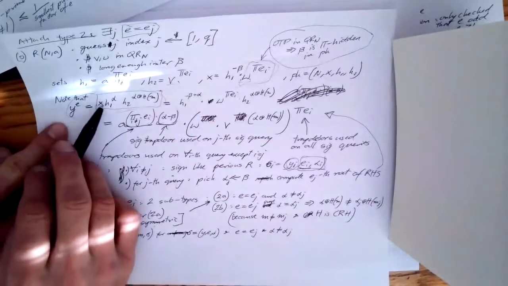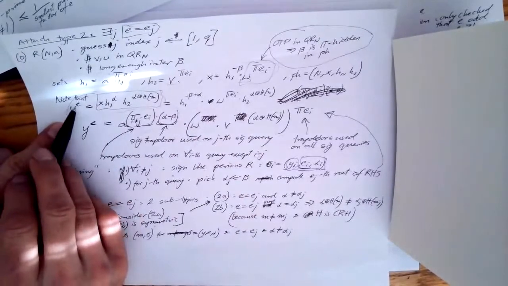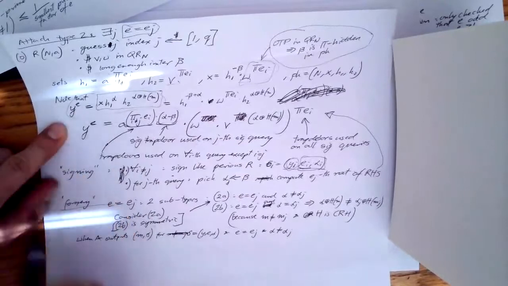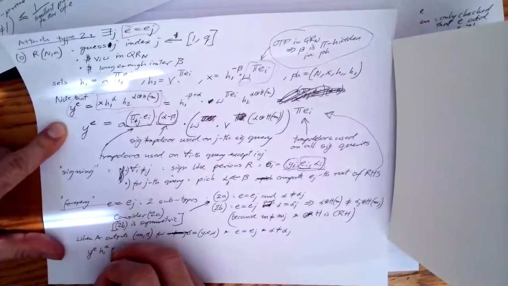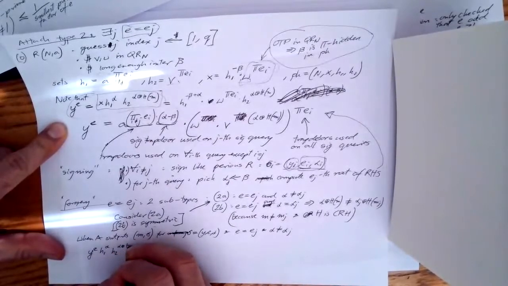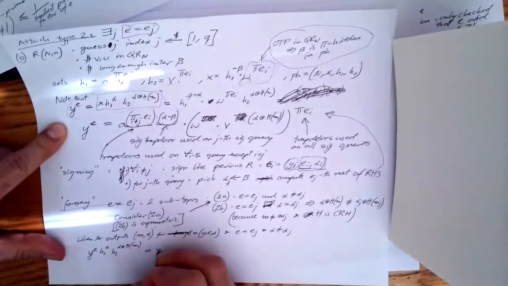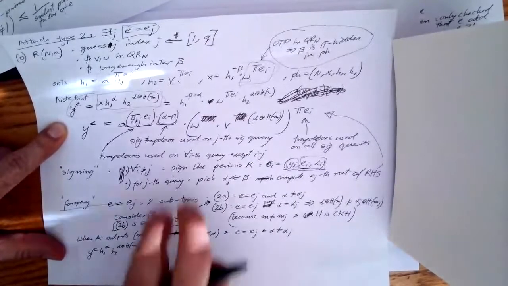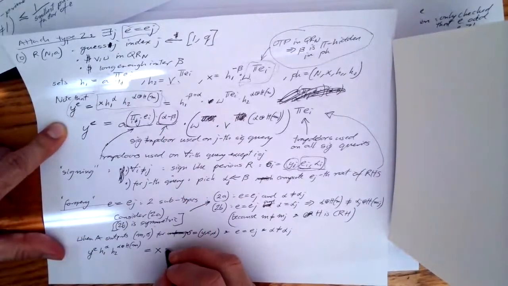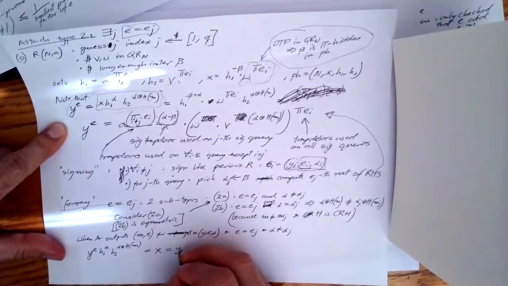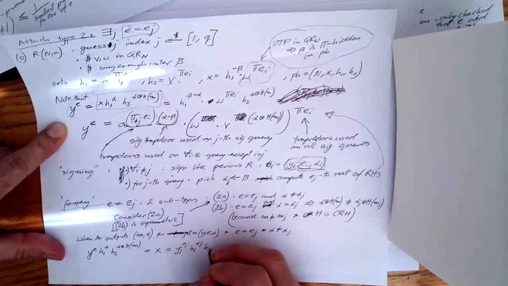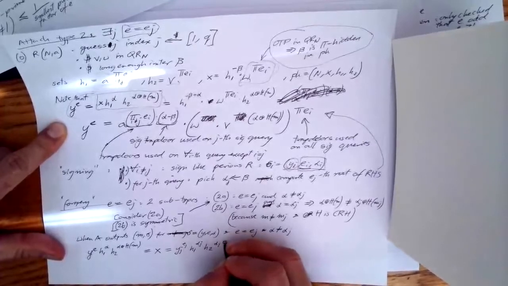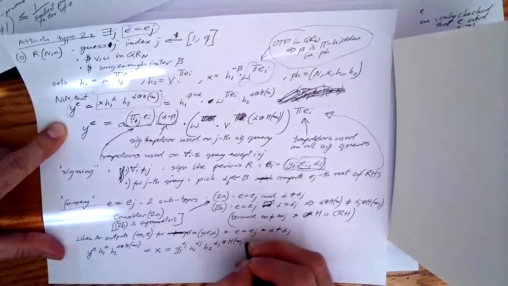So let's put x on one side and ye and all of this with the minus on the other. So ye, h1 alpha, h2 alpha XOR hash of m is x. But in the jth forgery, that was also the case. So this is also yj to ej, h1 to alpha j, h2 to alpha j XORed hash of mj.